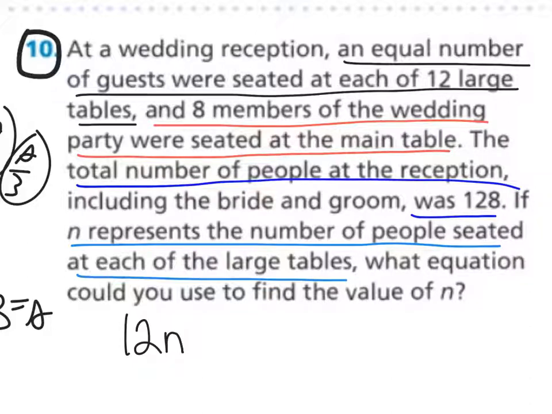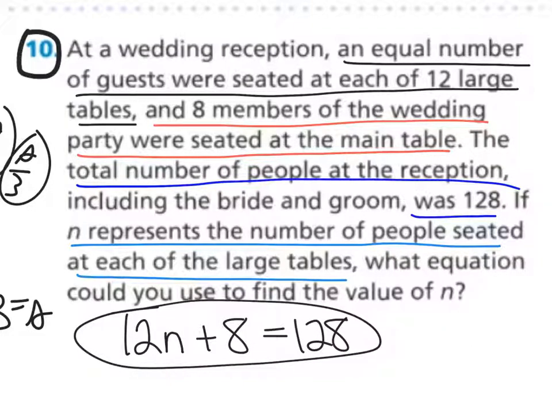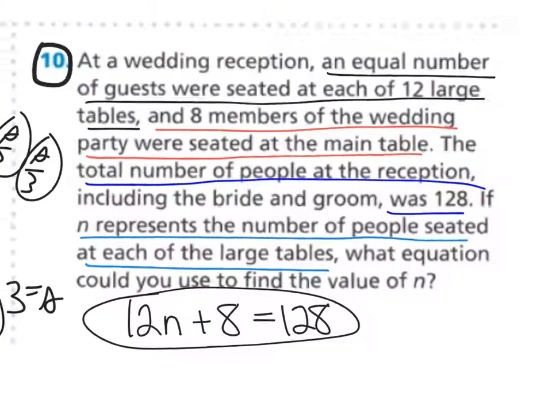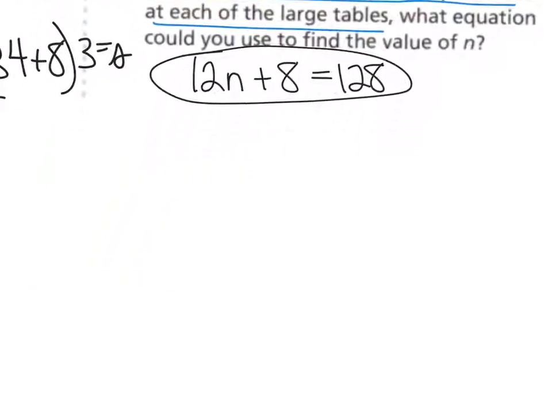So 12 tables times however many people we've got at one of those tables, and then plus the 8 people in the wedding party gives us the total of 128 people. That would be one way of writing an equation for this.